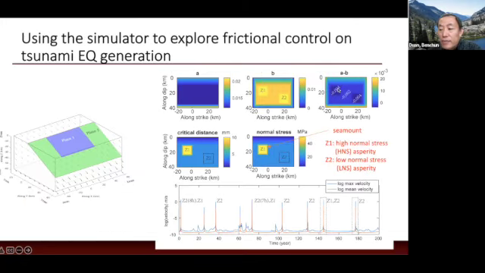two asperities. These two asperities have different properties in terms of normal stress level. On Z1, we have relatively high normal stress, which we assume is due to a subducting seamount. Z2 has a typical normal stress, the same as the surrounding area.